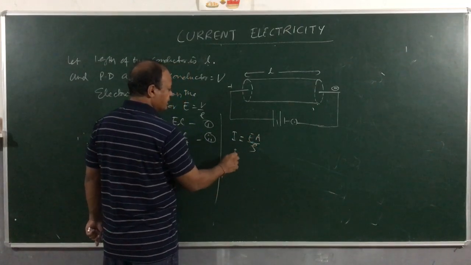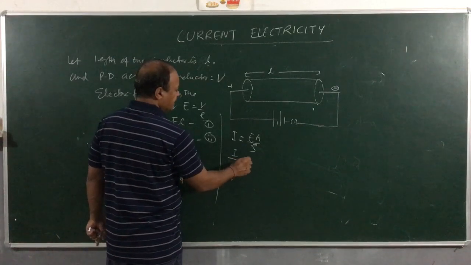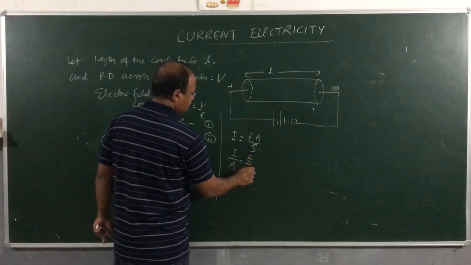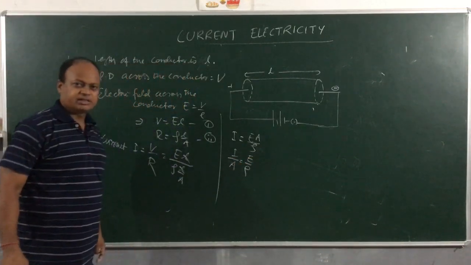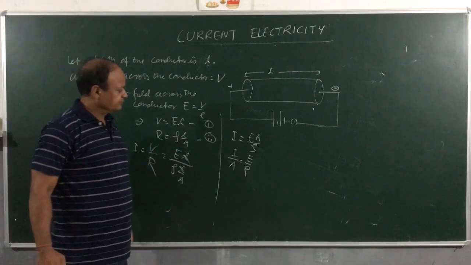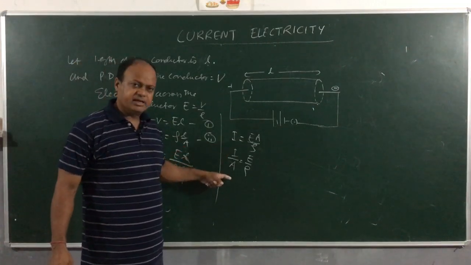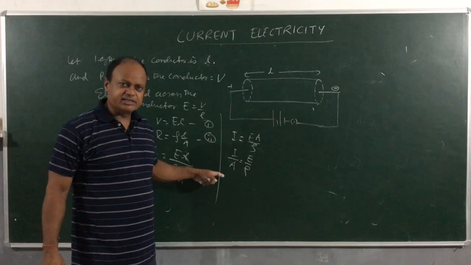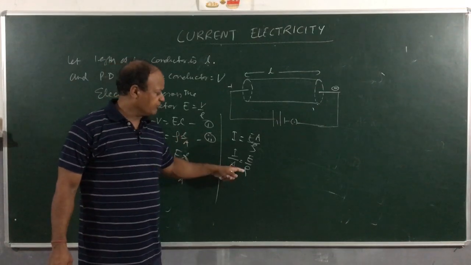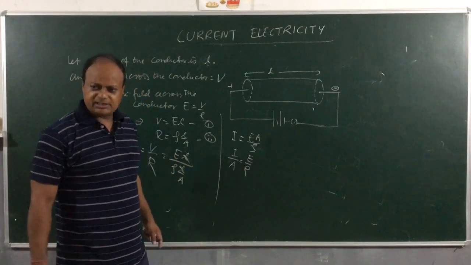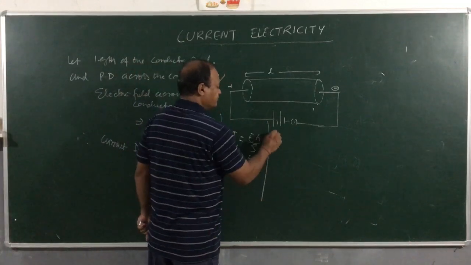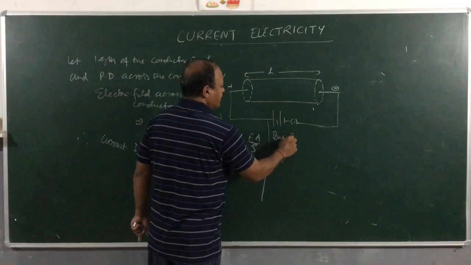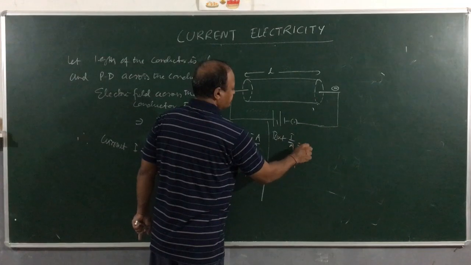Now I can write this relation by rearranging: I by A is equal to E by rho. Can I write like this? Now how much is I by A? I by A is J, current density, we discussed just now, and 1 by rho is equal to sigma.